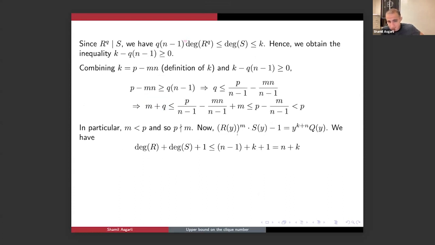On the other hand, R(Y) to the M times S(Y) minus 1 is Y to the K plus N times Q(Y). This follows from the previous equality, because I saw that R(Y) to the M plus S(Y) was 1 plus Y to the K plus N times Q(Y).